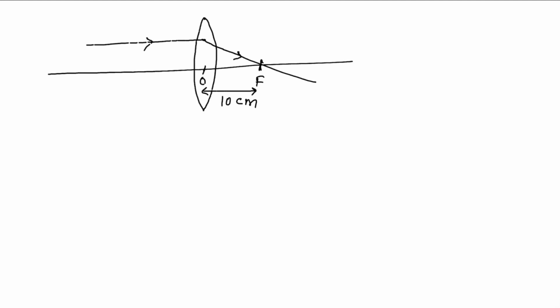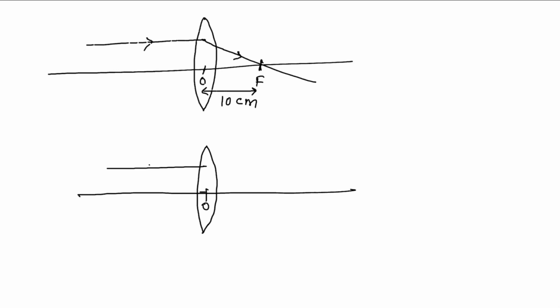Now if we take another convex lens, for this second convex lens as well, the incident ray is parallel to principal axis. So the ray after refraction passes through focus.